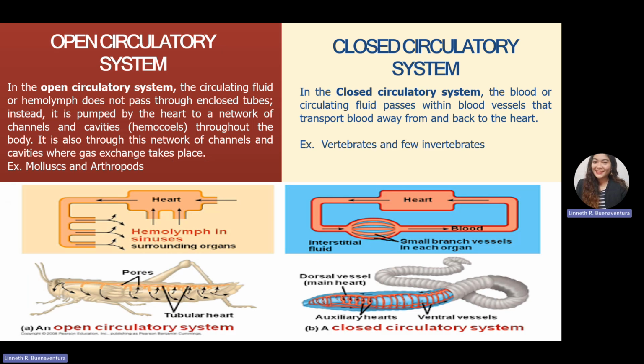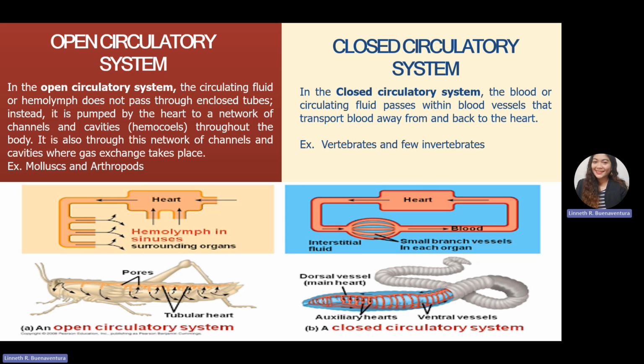Here in the open circulatory system, the circulating fluid or hemolymph does not pass through enclosed tubes. Instead, it is pumped by the heart to a network of channels and cavities throughout the body. It is also through the network of channels and cavities where gas exchange takes place. All the animals that portray an open circulatory system are mollusks and arthropods.